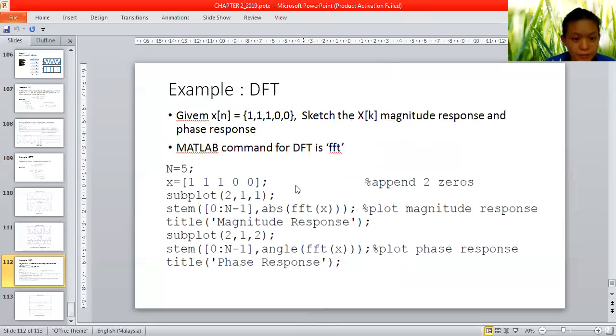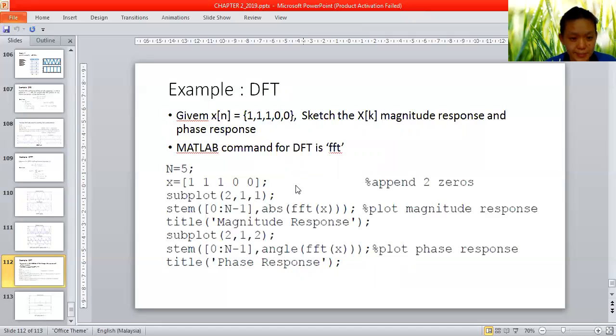For your information, when your workspace and command window have a lot of unwanted information, you can run this code: clc, clear all, close all. It will close all the figures and clear the command window and workspace.